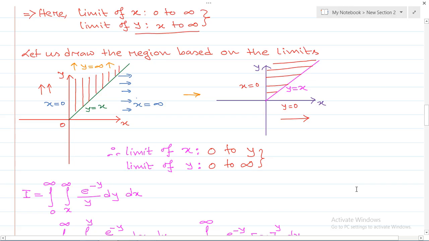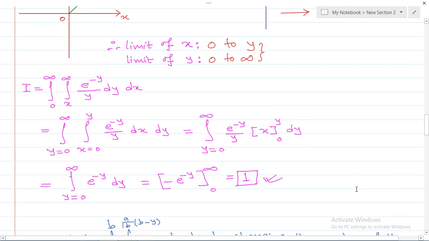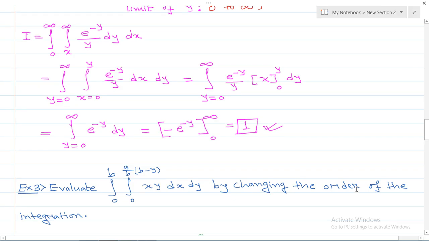Now we will come to the solution part. So here the integration is I equals 0 to infinity, x to infinity, e power minus y upon y dy dx. So here we have to now change the order of the integration.